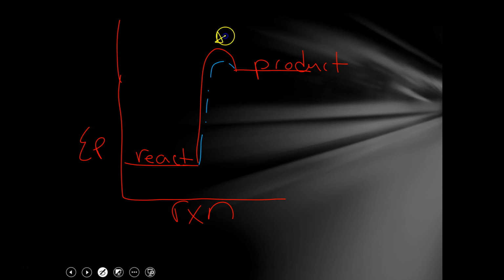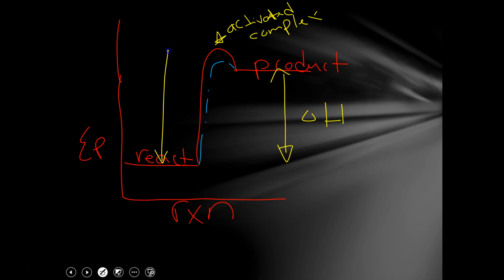At the top here would be what? The total energy. Just at the very top is the activated complex. The difference between the products and the reactants here is what? The change in enthalpy. The difference between the energy in the reactants and all the way to the top where the activated complex is initiated is called the activation energy.